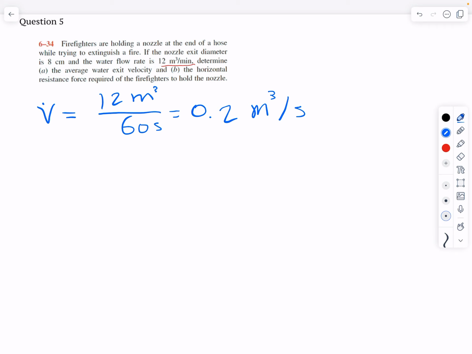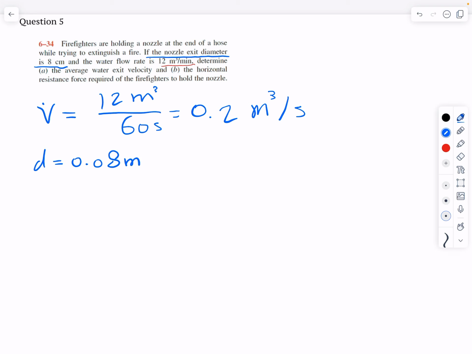The second thing, we notice that he has given me the exit diameter, which is 8 centimeter. Whenever you see D, the diameter, you always think of finding the area. So first we have 8 centimeter. The diameter of the exit is 0.08 meter.